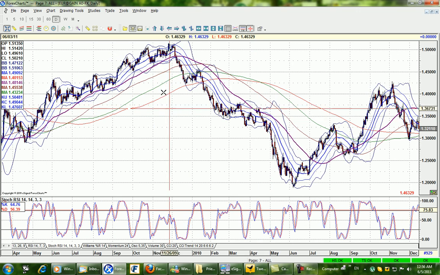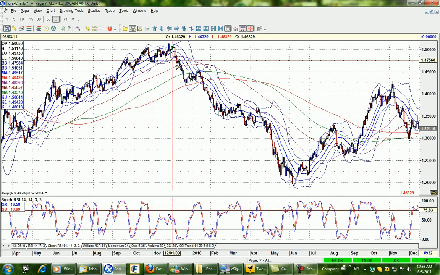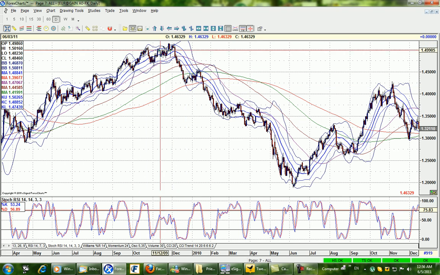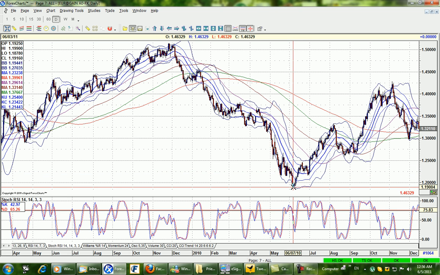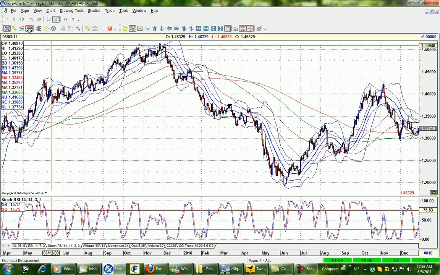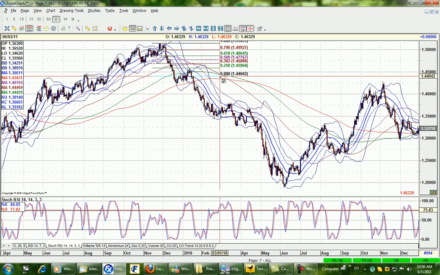I want to note here the top we formed on November 09, and this trend lower which lasted till we saw a low on June 010. When the euro moves lower, it doesn't correct that sharply.